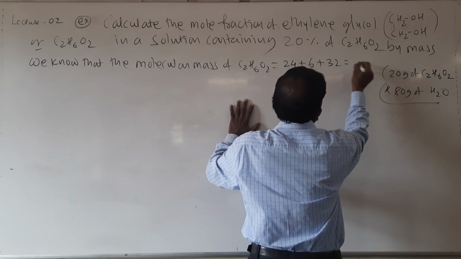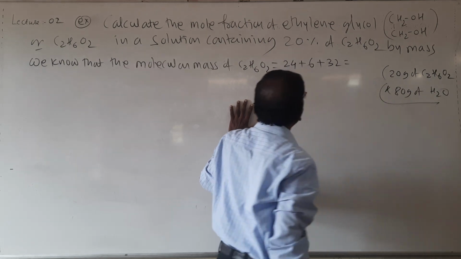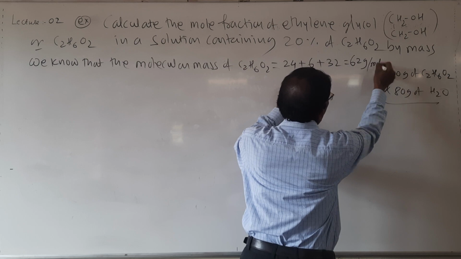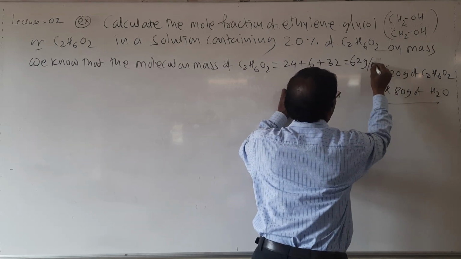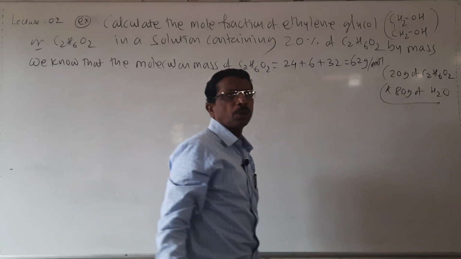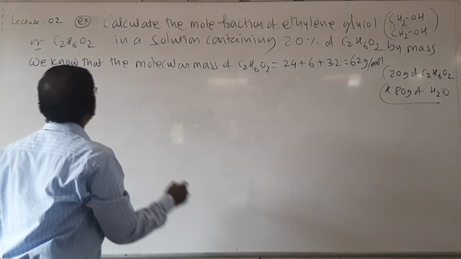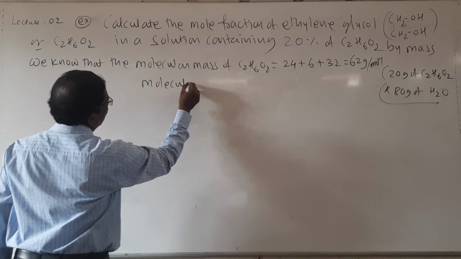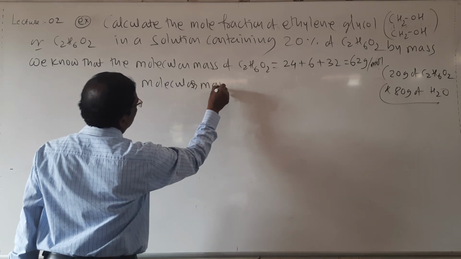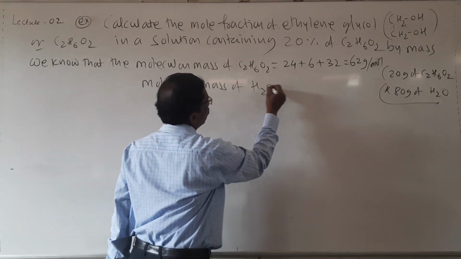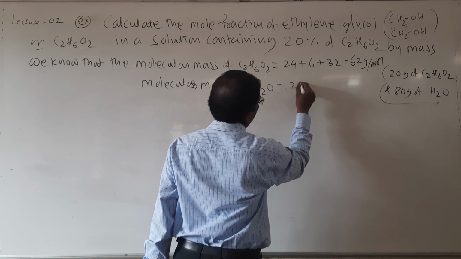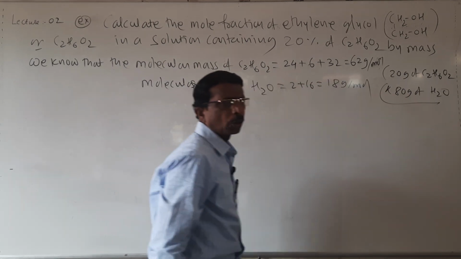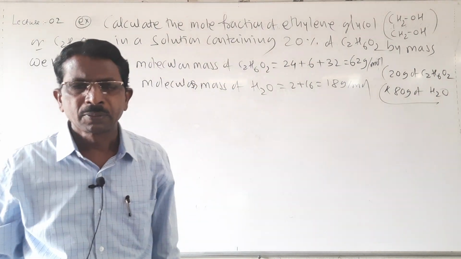So it becomes a total of 62 gram per mole. And second, the molecular mass of water is 2 plus 16 is equal to 18 gram per mole. You may write molar mass also like this.